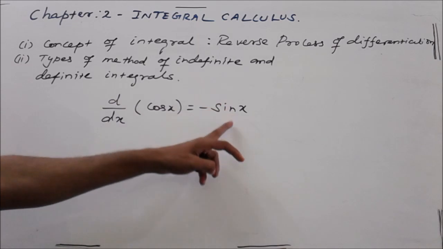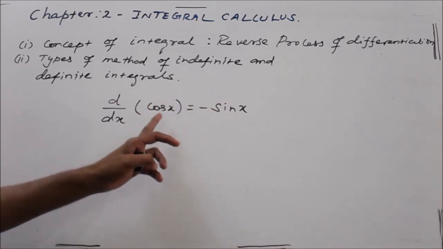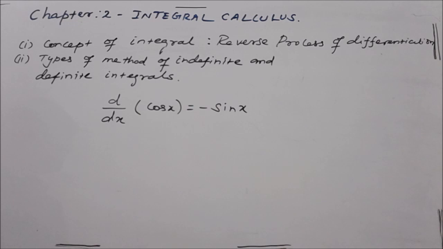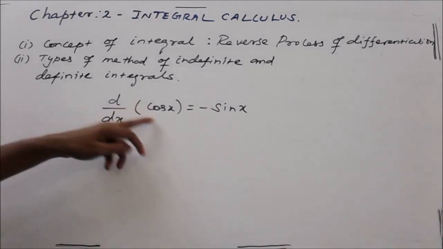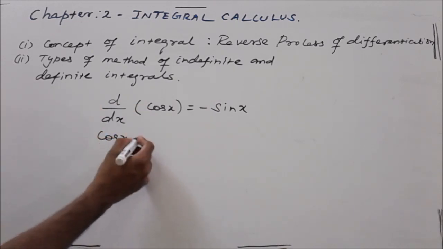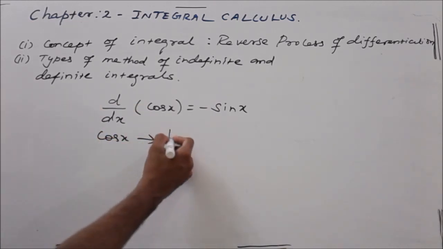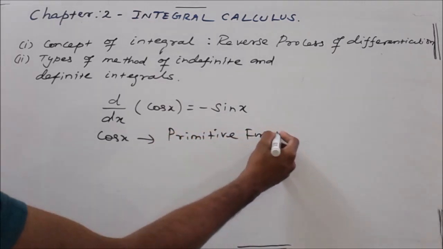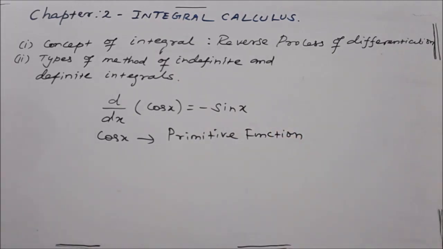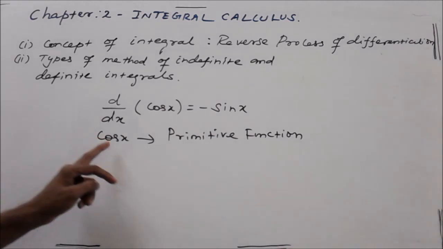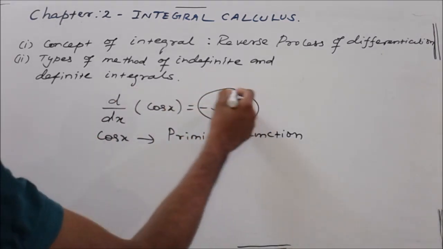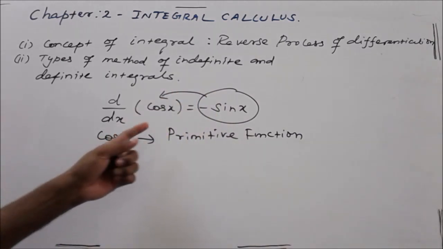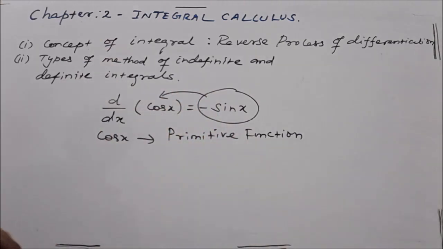Here minus sin x is known as the derived function, and cos x is known as the primitive function, that is called the antiderivative function or integral function. This is the derived quantity and this is the antiderivative, that is, a primitive function.